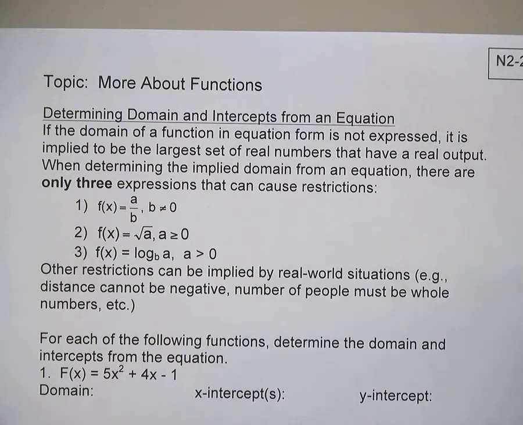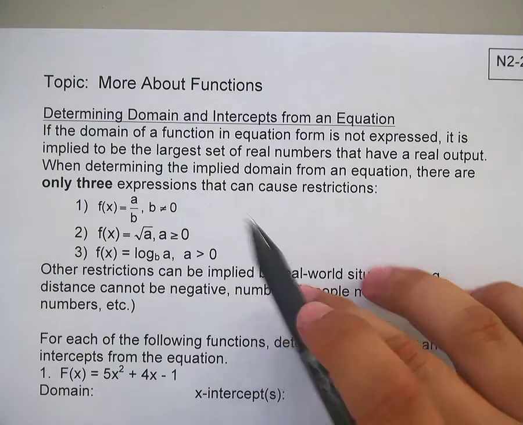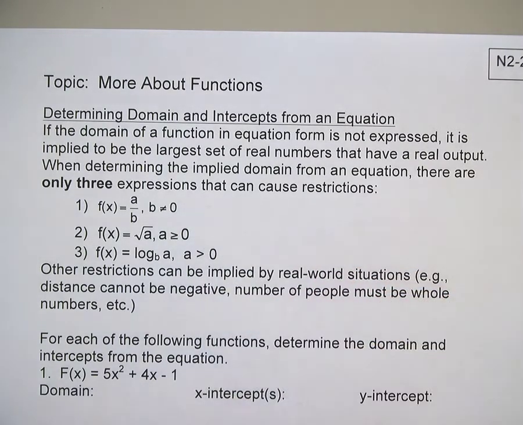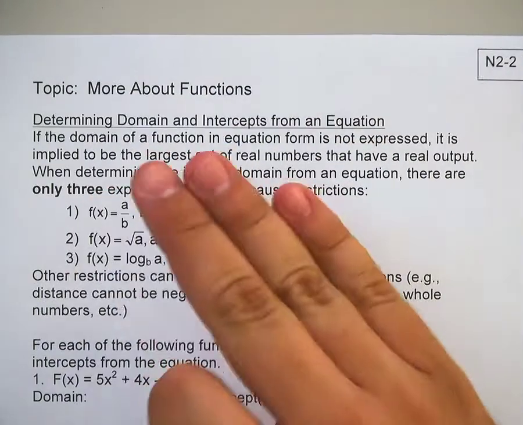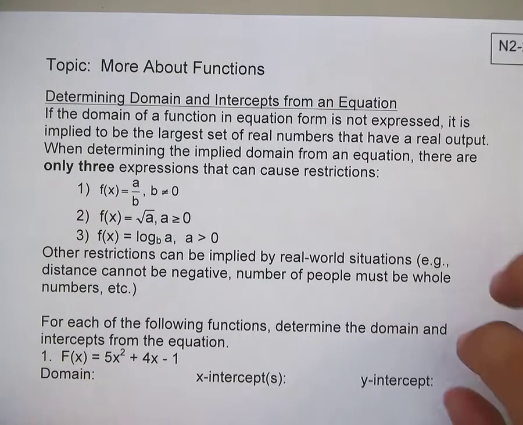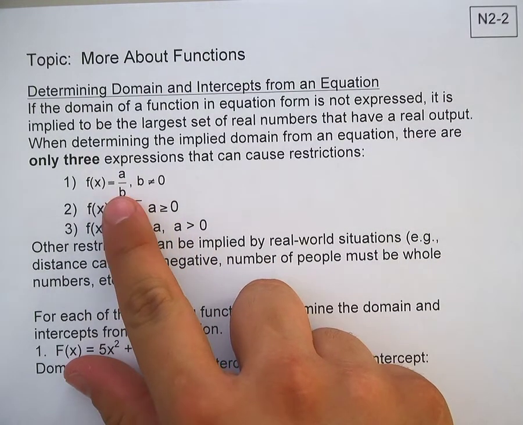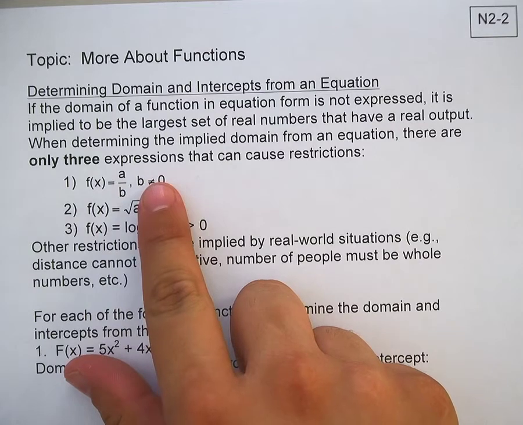When determining the implied domain from an equation, there are only three expressions that can cause restrictions. We call them the big three. If it's not one of these three, we don't worry about it. The first one is if you have a fraction, because we know you cannot divide by zero.